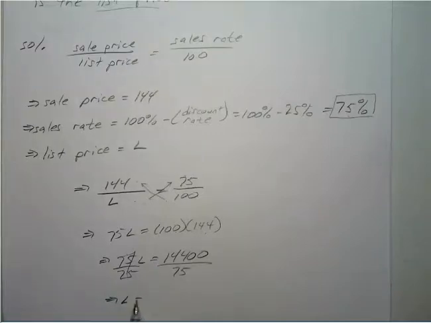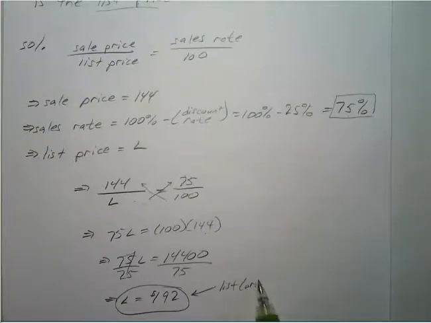So our list price is equal to 14,400 divided by 75, which is 192, which is your list or original price. All right. So once again, if you are still writing, feel free to press pause and finish up. But we're going to go ahead and move on to our next example.